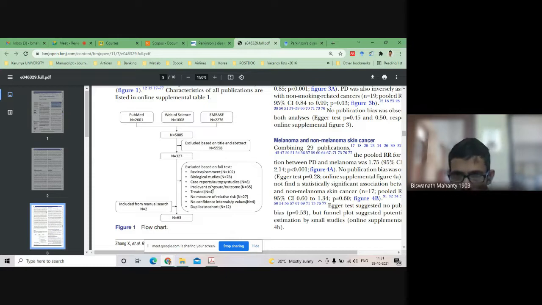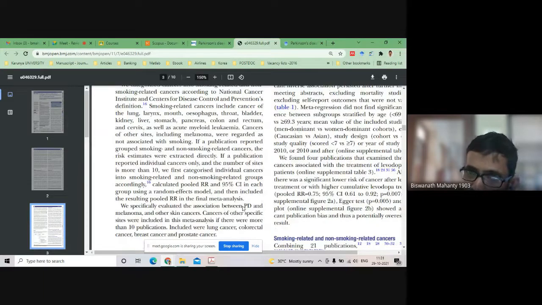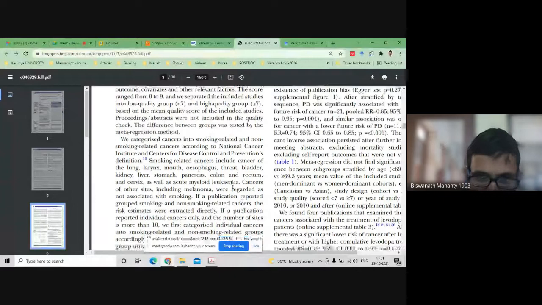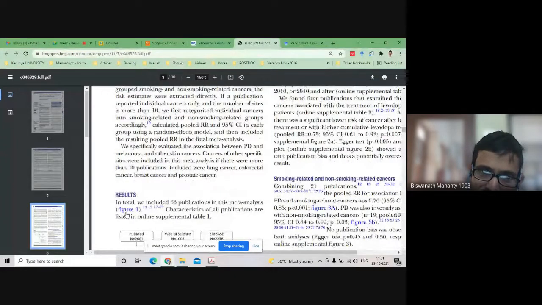So there is some logic for how you are removing and how many papers you are actually considering. So this review is actually considering up to 63 papers. This is called a systematic review. Am I clear to you how they are doing it? Some logic, some choices they will make, and they will tell how they are coming here. Okay? Am I clear?